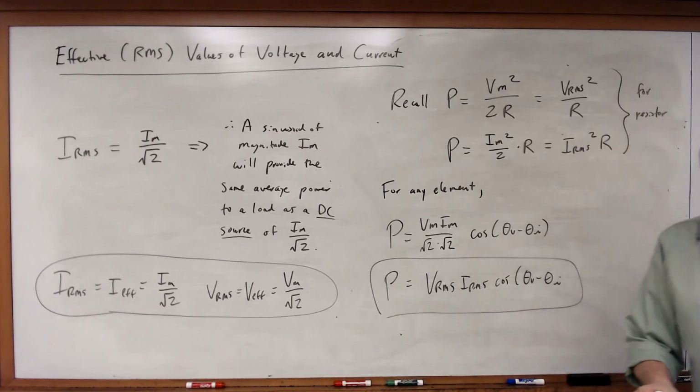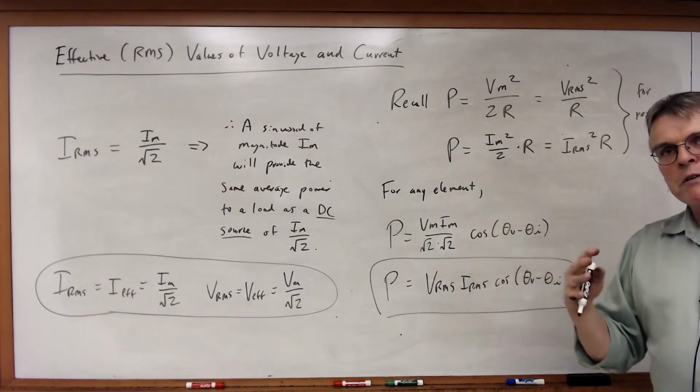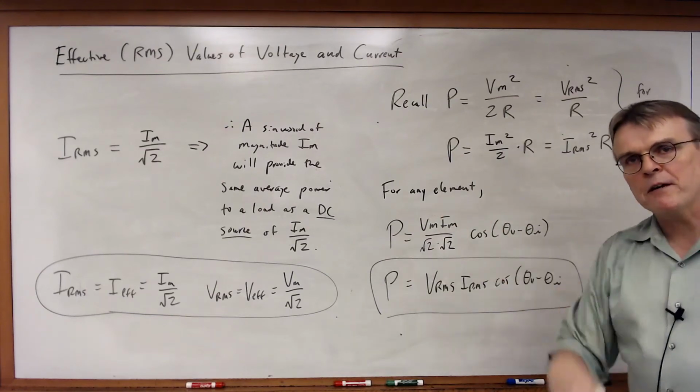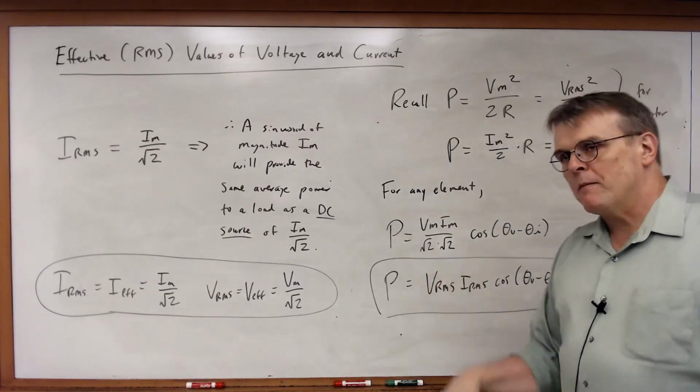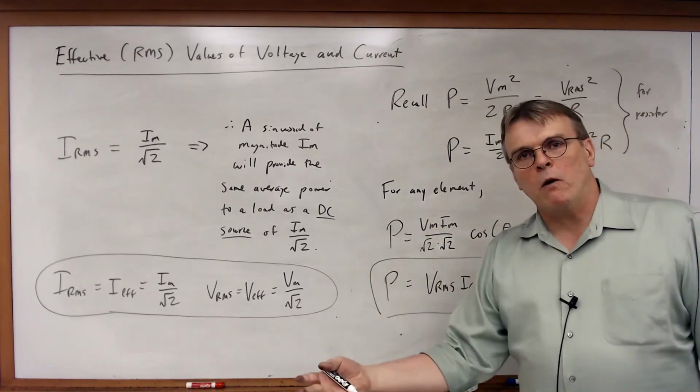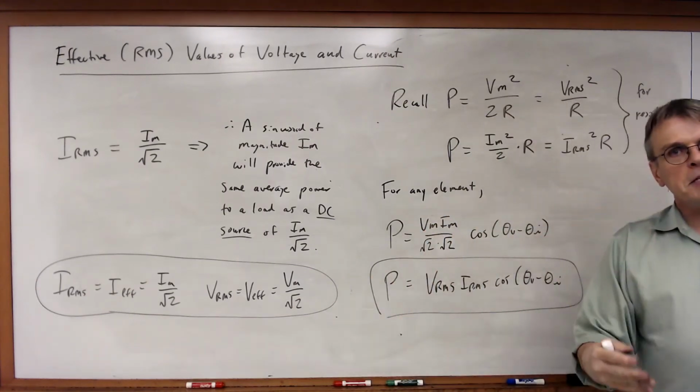Now, as it turns out, when we're talking about electricity that comes out of the wall, what does the power company use? They use RMS values. They want you to be able to compare what comes out of the wall with a DC value.